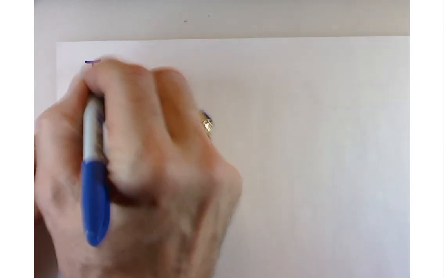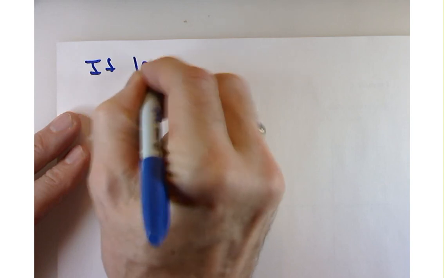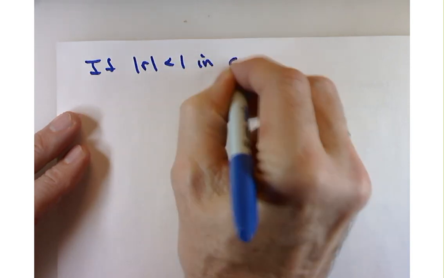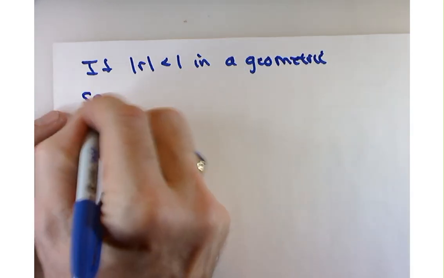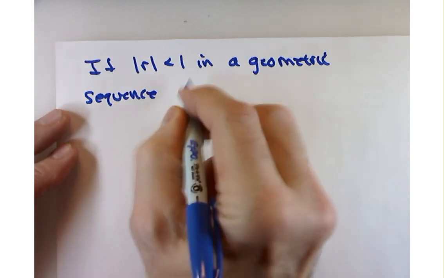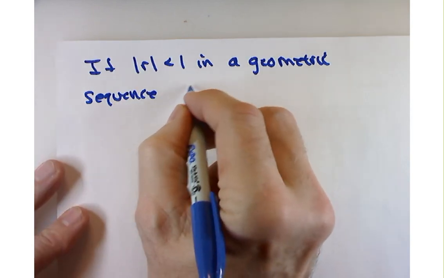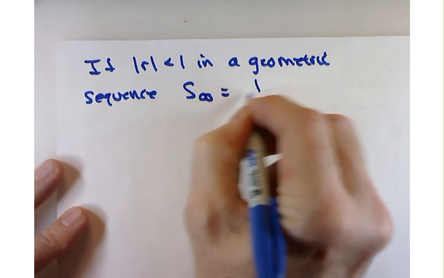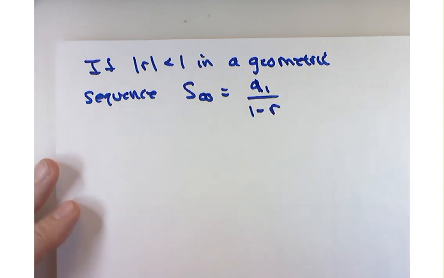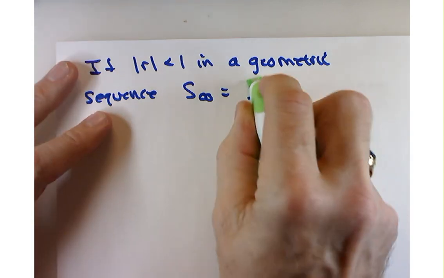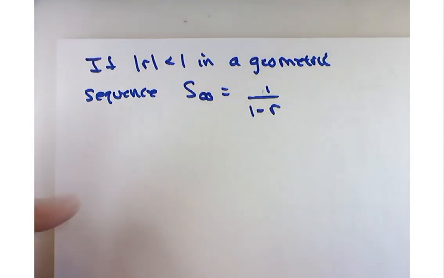But if the absolute value of r is less than 1 in a geometric sequence, then S sub infinity equals, excuse me, equals A sub 1 over 1 minus r. What on earth does S sub infinity mean? That's pretty bizarre. This is really cool that you get a glimpse of this kind of stuff.